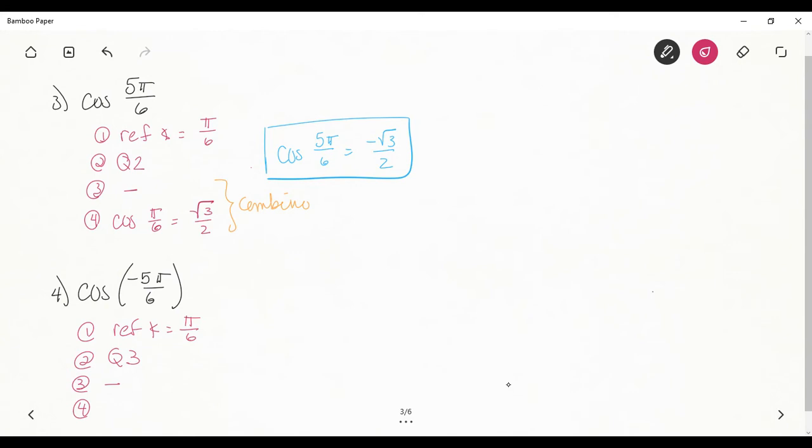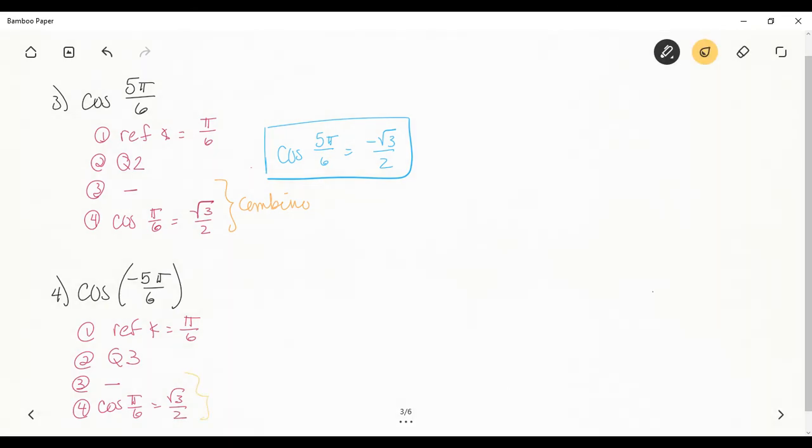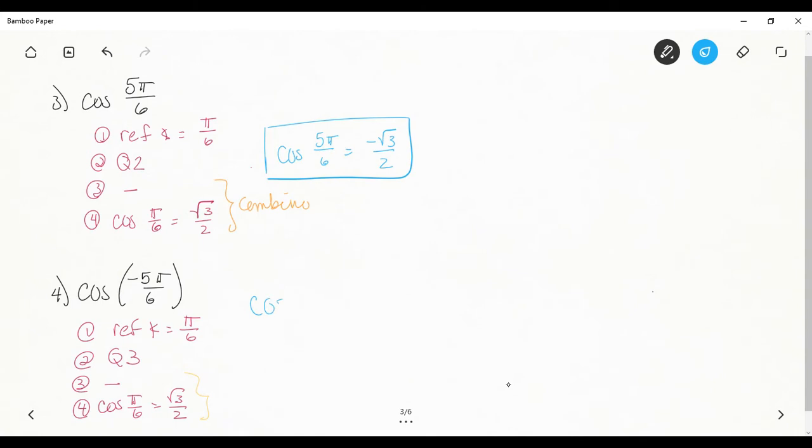So in our last step, when we evaluate cosine of pi over 6, it is still equal to root 3 over 2. Now that we combine both of these, we find that the value of cosine of negative 5 pi over 6 is also equal to negative root 3 over 2.